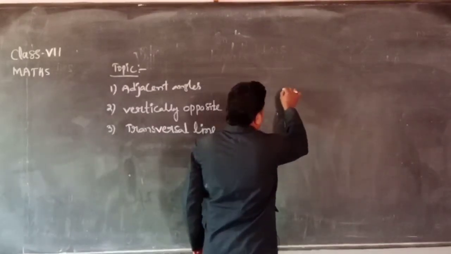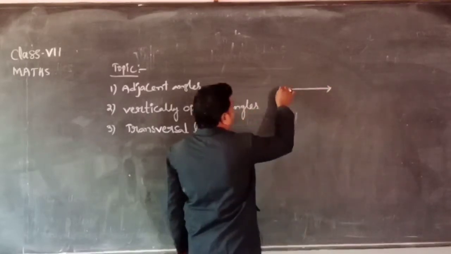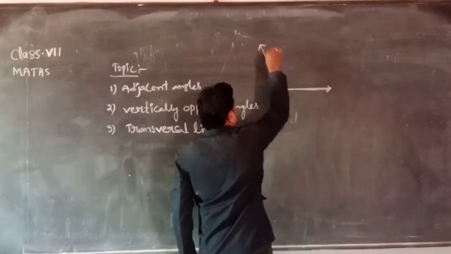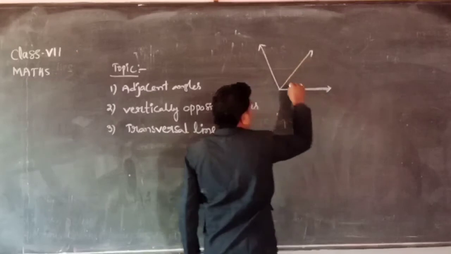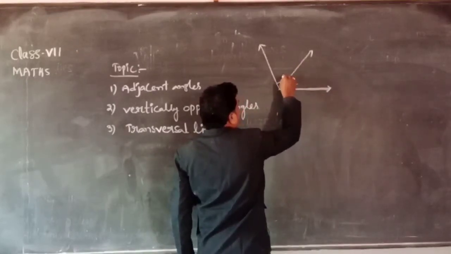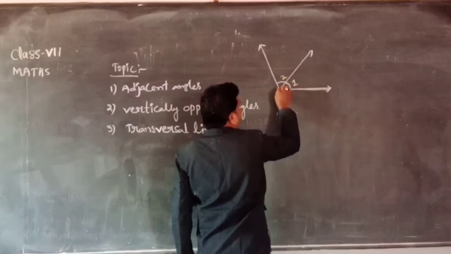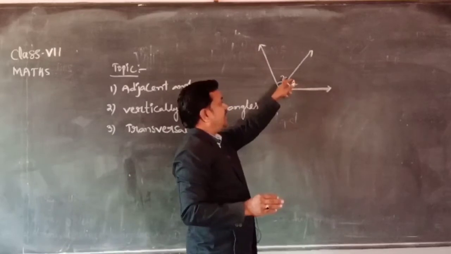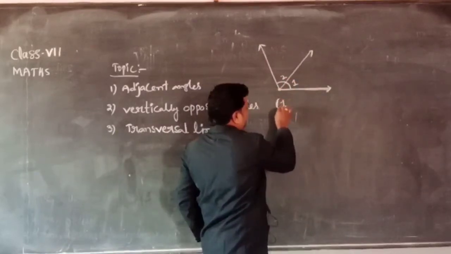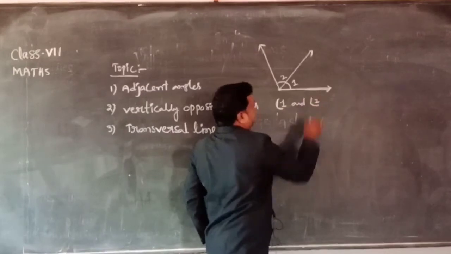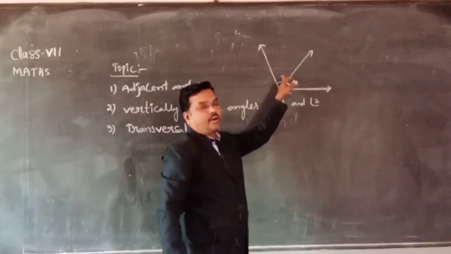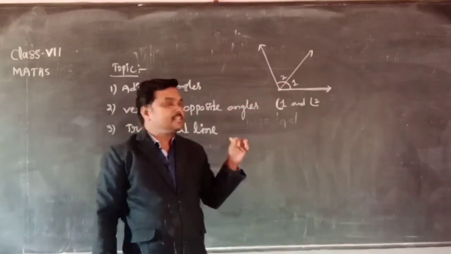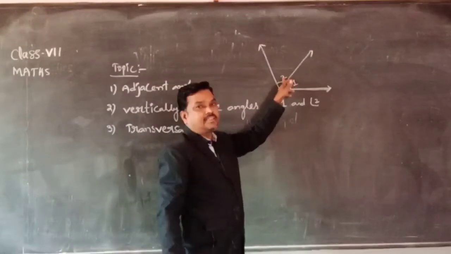Observe this figure, angle 1 and angle 2. Angle 1 and angle 2 have the common arm and the common vertex, so 1 and 2 are called adjacent angles.